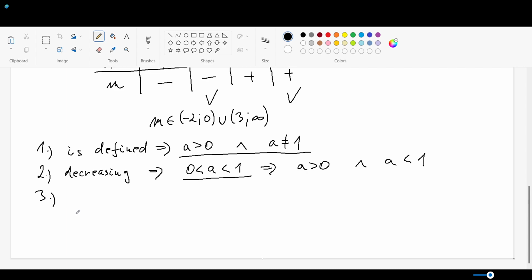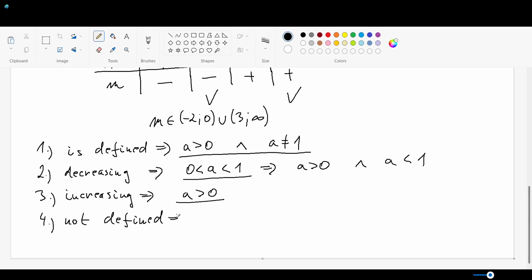The third task is the task we did right now, increasing. And increasing will be if our parameter a is greater than 1, which we did. And the fourth task could be when the function is not defined.